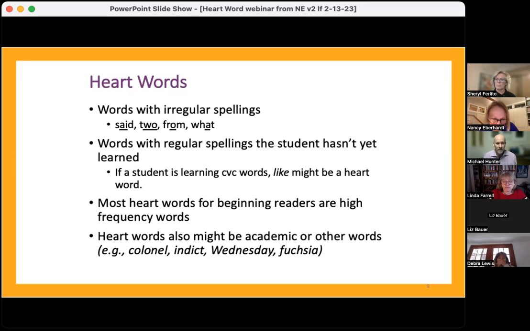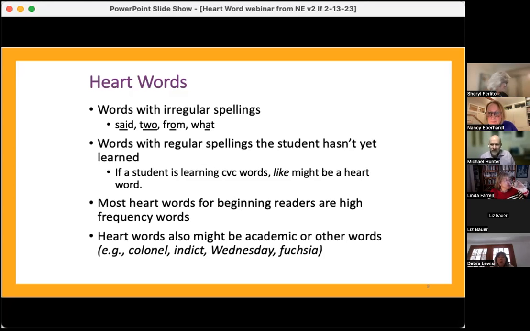It's decodable, but they might not have learned it yet. Our favorite is that everybody in kindergarten wants their kids to be able to read the word like, because kindergartners relate to it almost as highly as they do I. They need to be able to read I like because all their sentences start with that. So we want them to be able to read like.